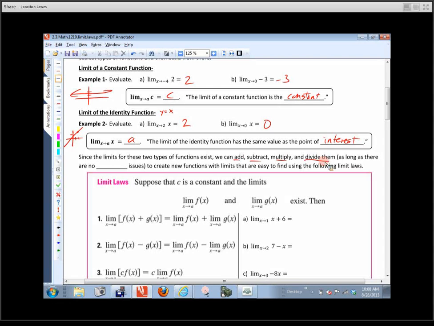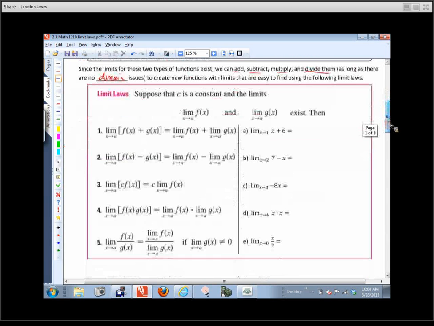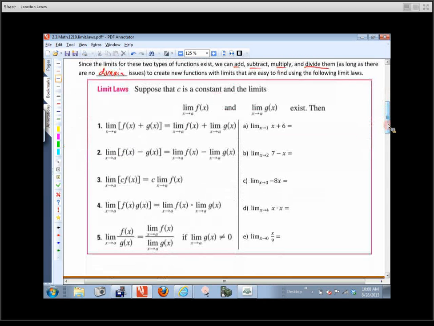You've got to be careful that the denominator is not 0. So we're going to say as long as there are no domain issues, there's not going to be any problem with adding, subtracting, or multiplying. It's when we divide that we've got to be a little careful. And we're going to use these two ideas right here in order to produce some other rules. These limit laws, or limit rules, are down at the bottom.